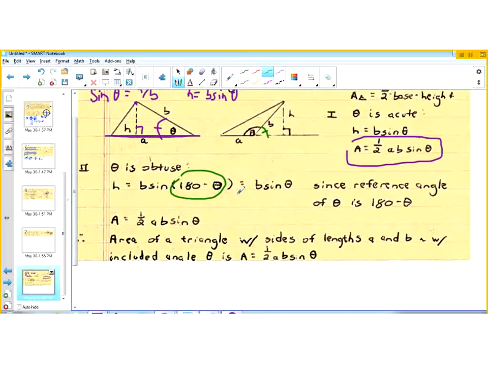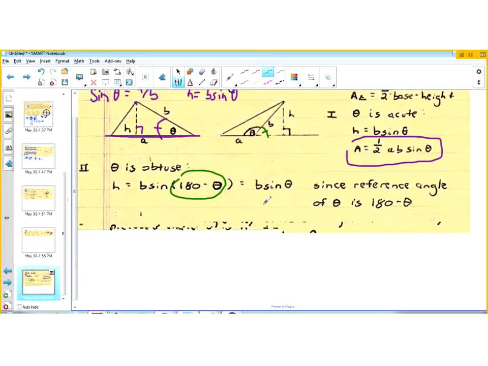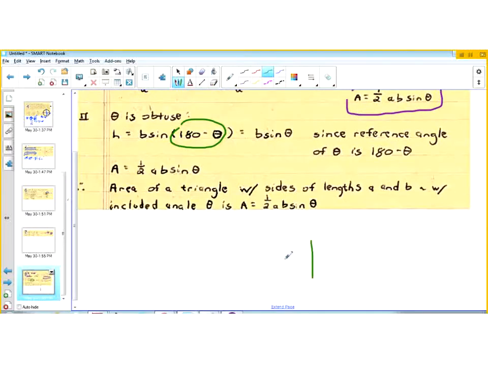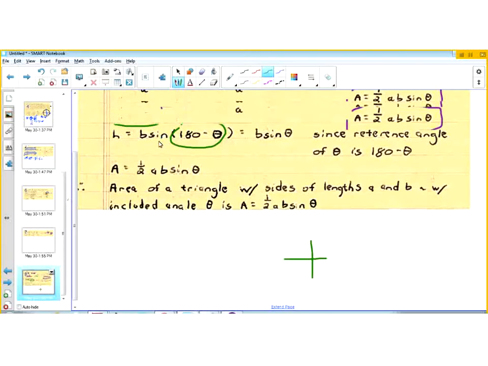So what would that be? Let's see here. If we have an obtuse angle, now remember what an obtuse angle is. An obtuse angle has measure less than 180 degrees. Or is that right? Between 90 and 180, right? Between 90 and 180 degrees is an obtuse angle. So an obtuse angle is basically a quadrant 2 angle.